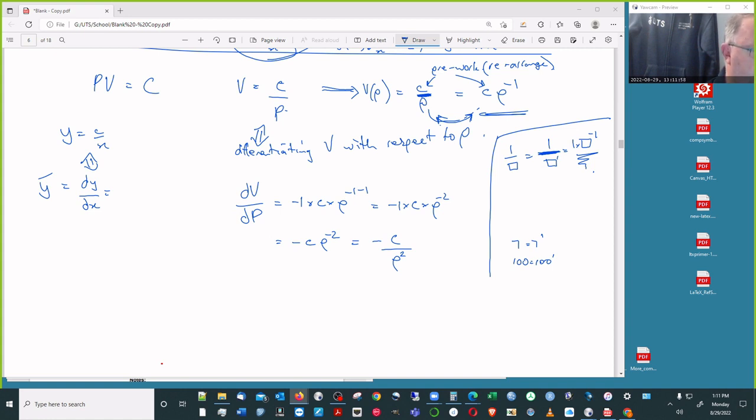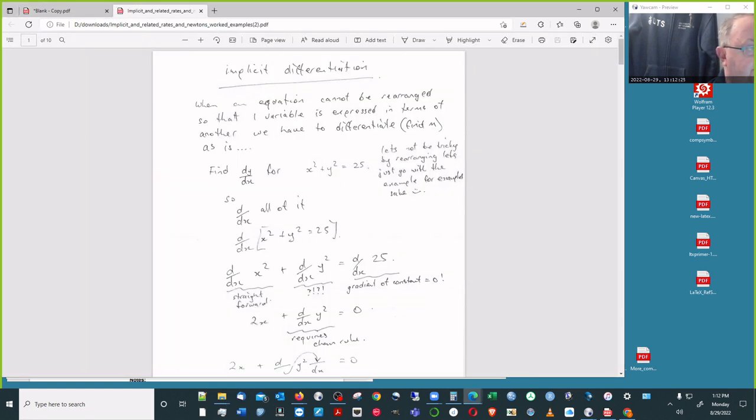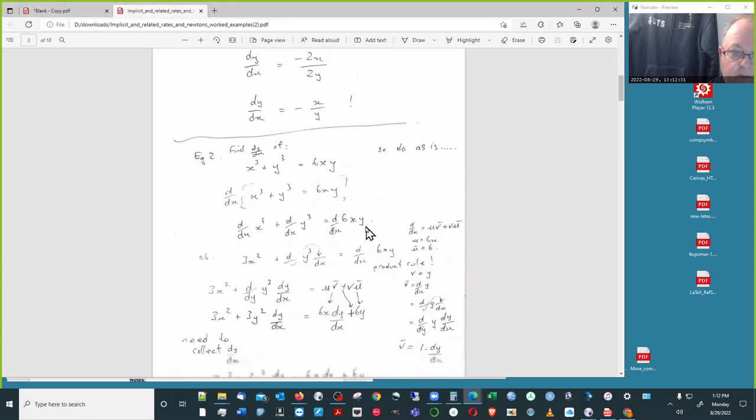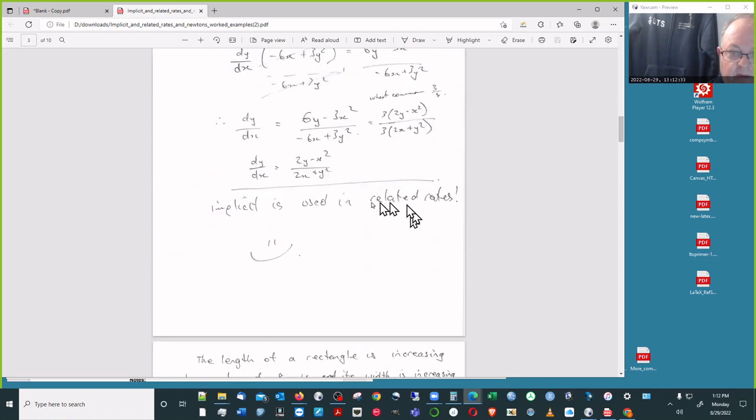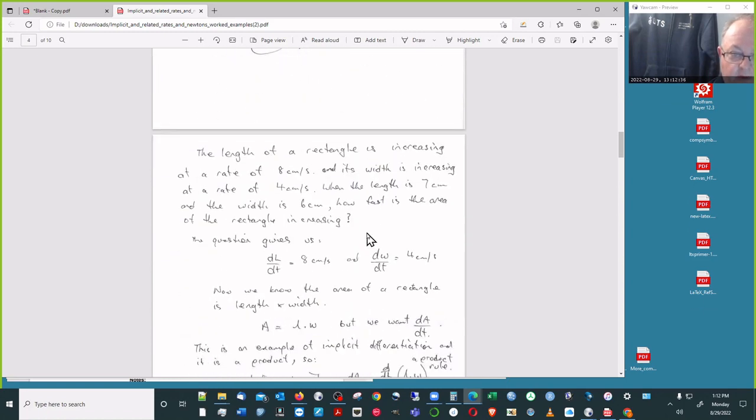Resources, under resources, library, math modelling for science, some worked examples, and implicit related rates and newtons. I'm going to go and open that. Alright, so that's implicit, and implicit's used in related rates sometimes.